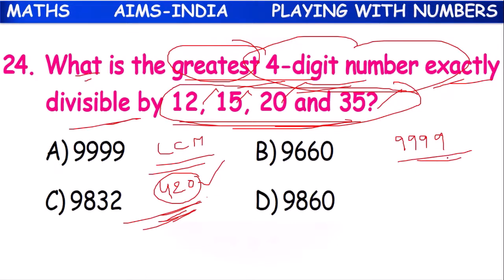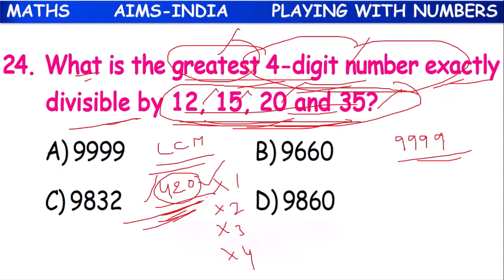Now we want to find the greatest 4-digit number exactly divisible by these numbers. Because 420 is divisible by these 4 numbers, all multiples of 420, 2 times, 3 times, 4 times, are divisible by these 4 numbers.